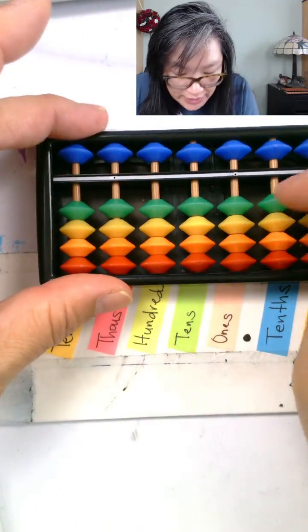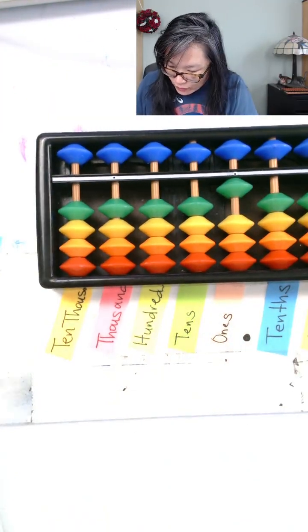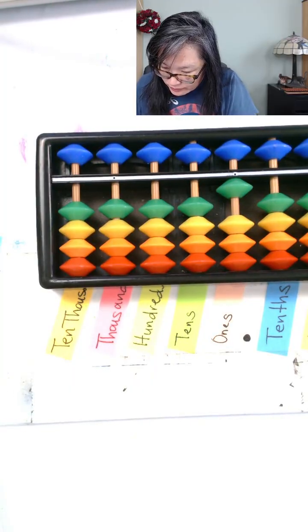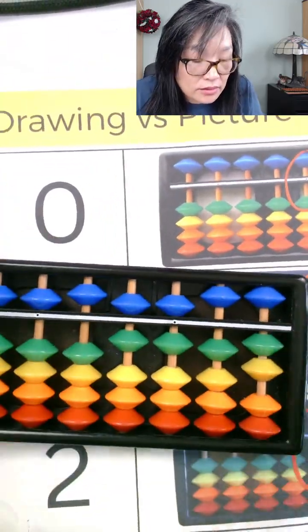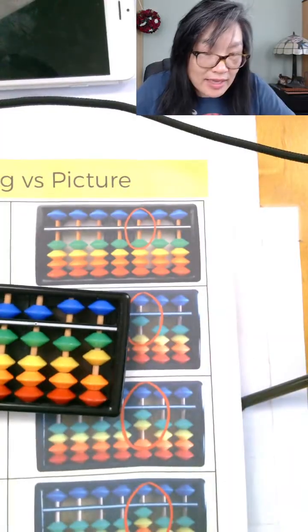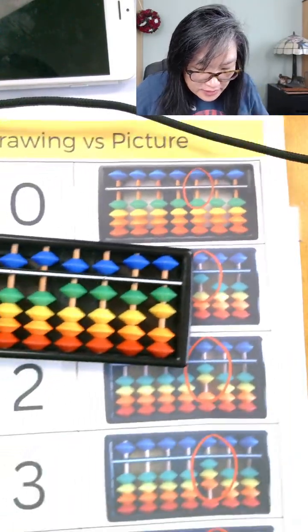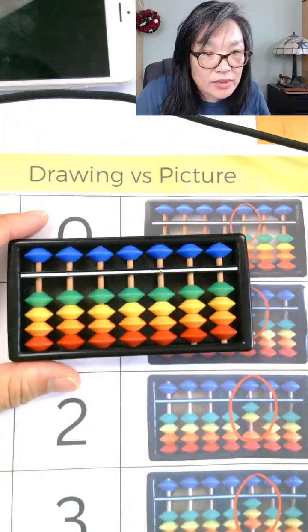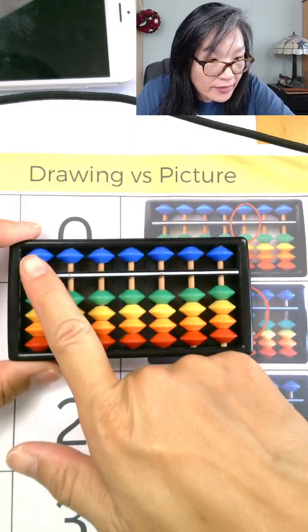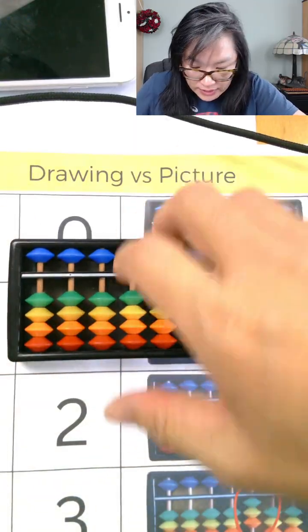When we're counting, we do 1. When we have 1, that's what we're doing. So on the abacus, we're counting the numbers, right? So 0, this is what 0 looks like, right? And then what's going to happen?